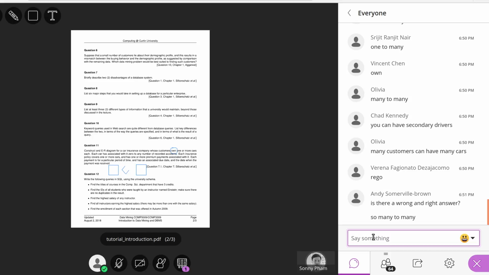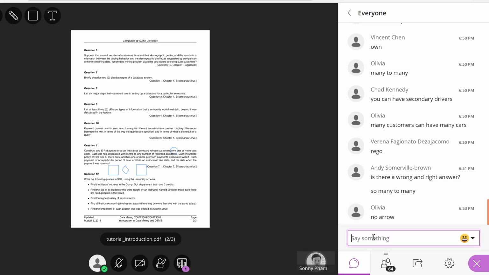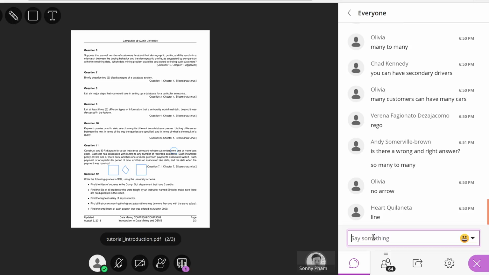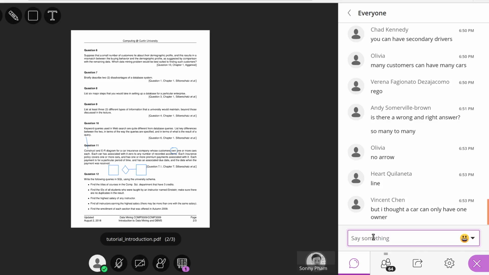And then what is the notation for many to many? Let me double check that it's consistent with what's written there. So for one to one, we have an arrow, and for many you just have a line, right? Just to be consistent with the notation, come back here. Sorry, my drawing on the screen is not great.